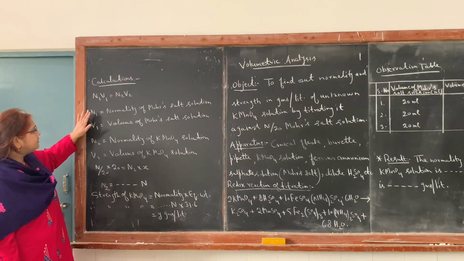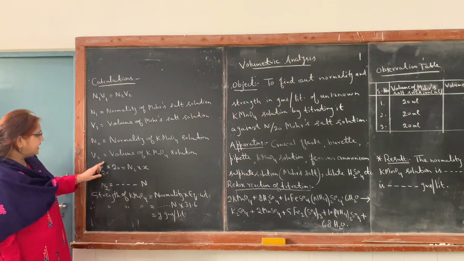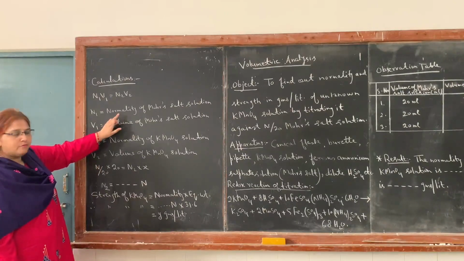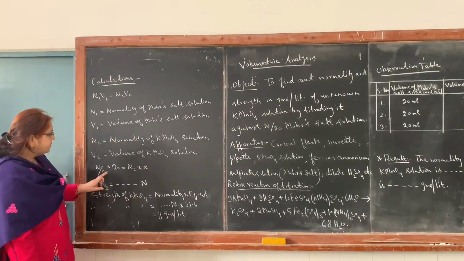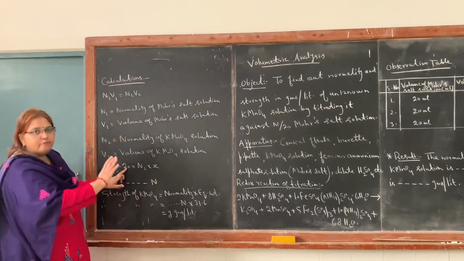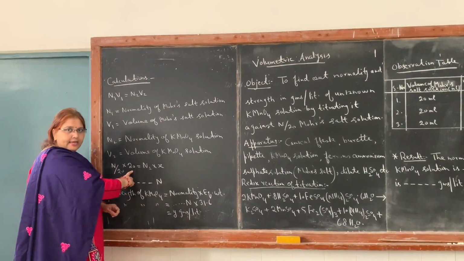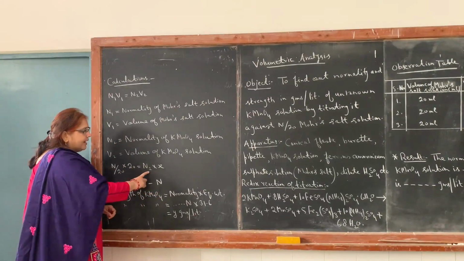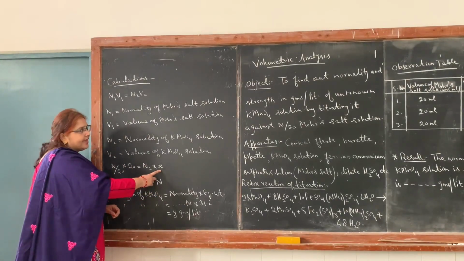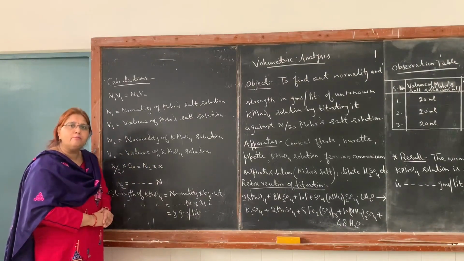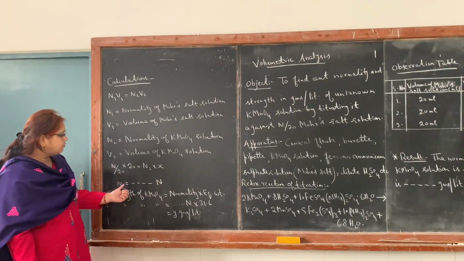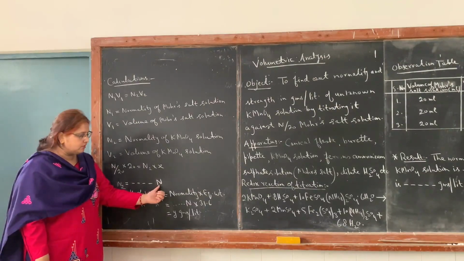Just by putting in the values: normality of Mohr's salt solution, N/20, already given, and 20 ml volume of Mohr's salt solution. Then N2 we have to calculate, and X is the volume of KMnO4 which we obtain from the burette. So N2 will come out to be some value.